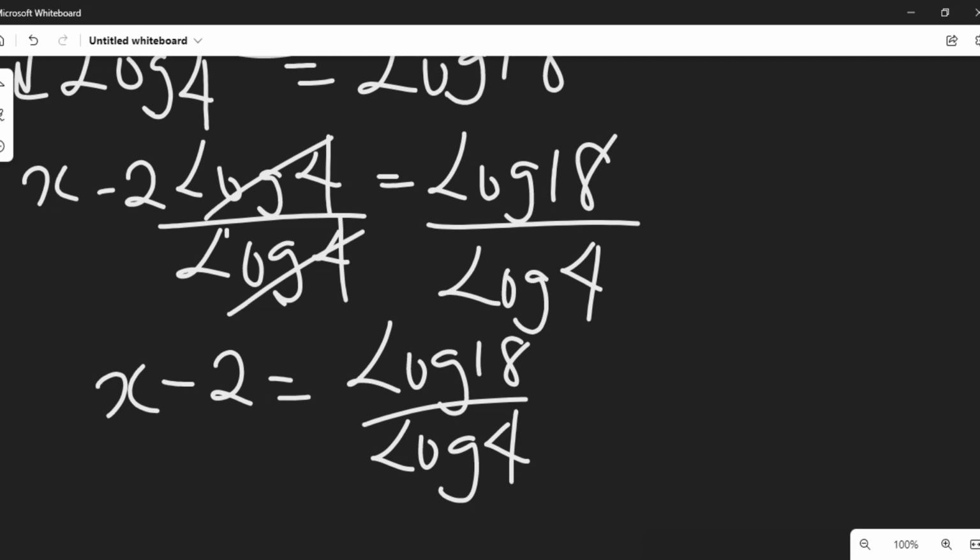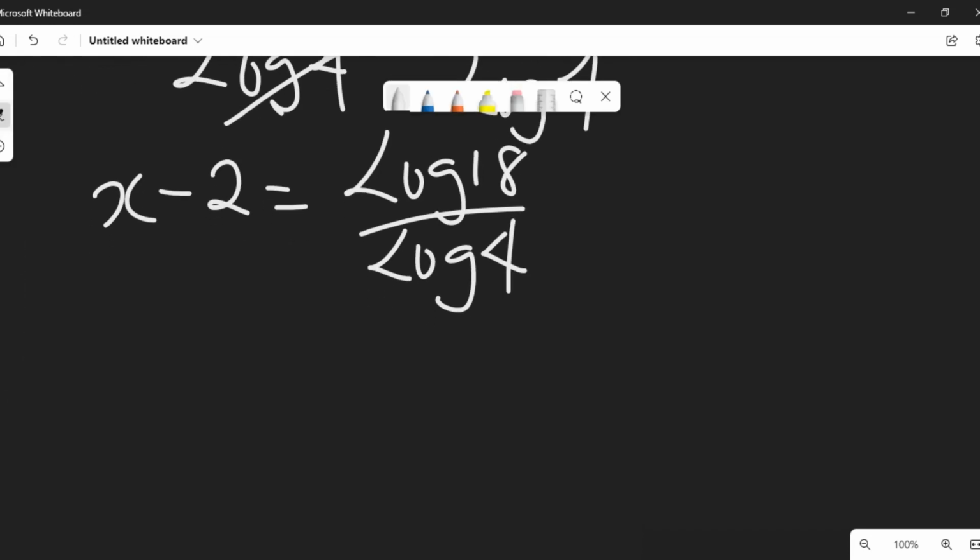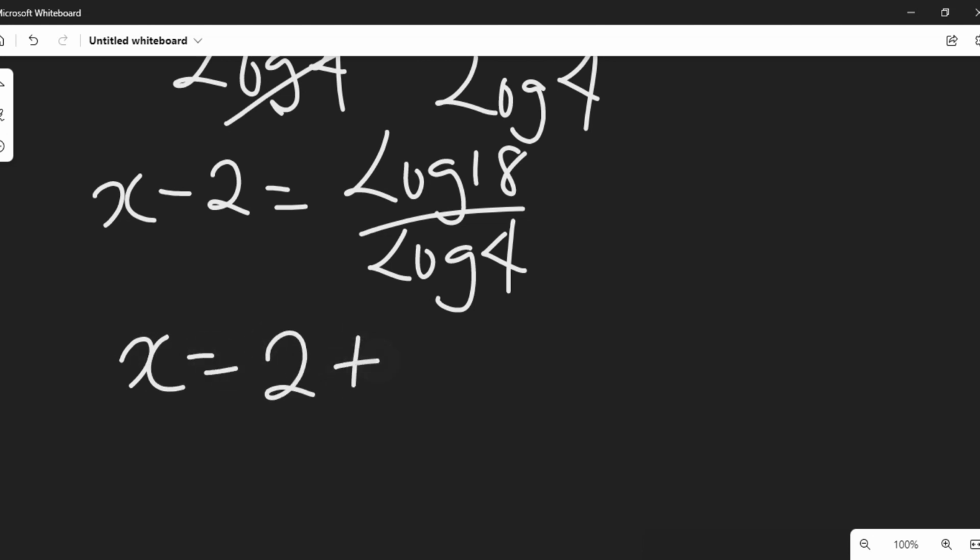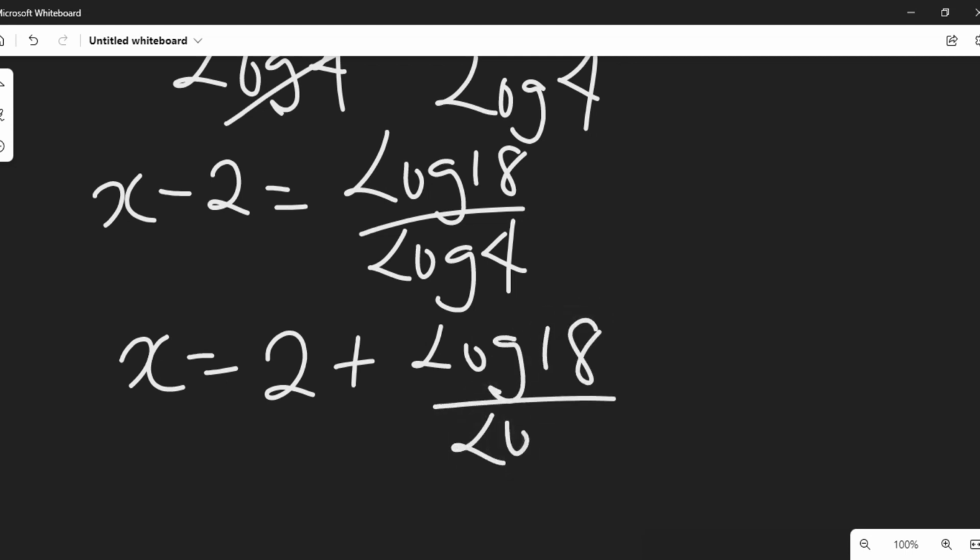So if we simplify further, the value of x will be equal to 2 plus log of 18 over log of 4.